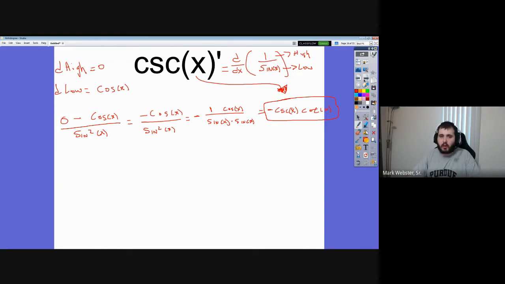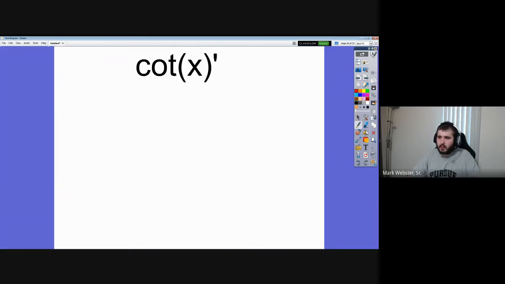All right, one more. We got to do cotangent. And cotangent is going to follow exactly like tangent, but upside down, right? Cotangent is cosine over sine. And once again, here's my high.